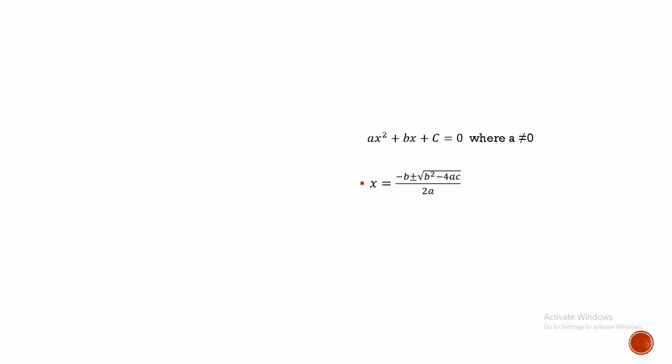Listen here carefully. In case the value which comes for b square minus 4ac is negative, automatically it will raise to a complex number. So if you consider the general form of a complex number, while solving an equation, you may be getting minus b by 2a plus or minus root of b square minus 4ac by 2a.